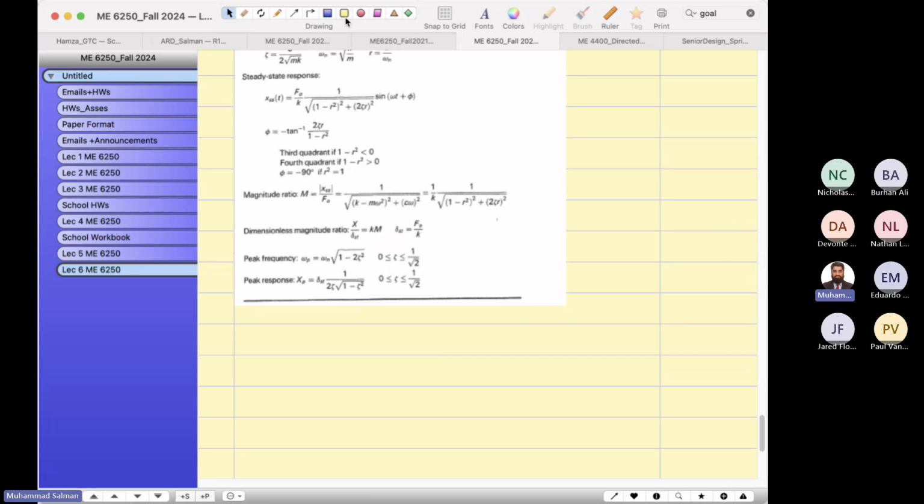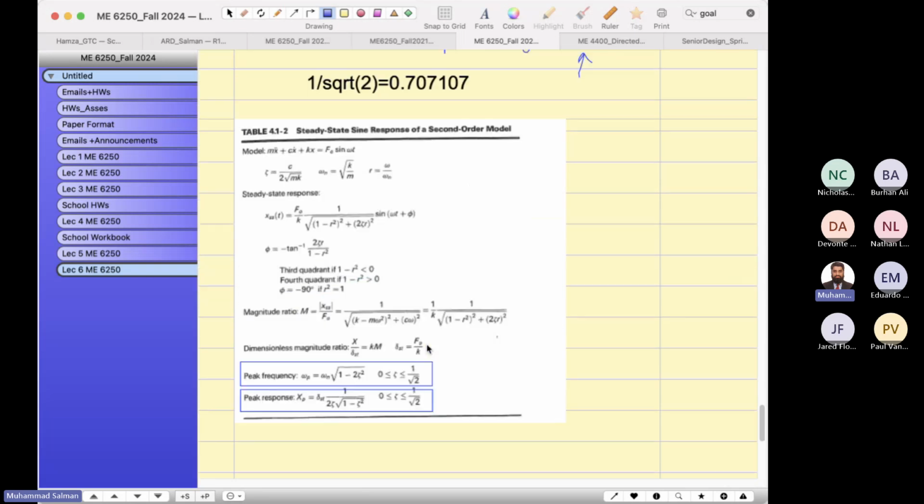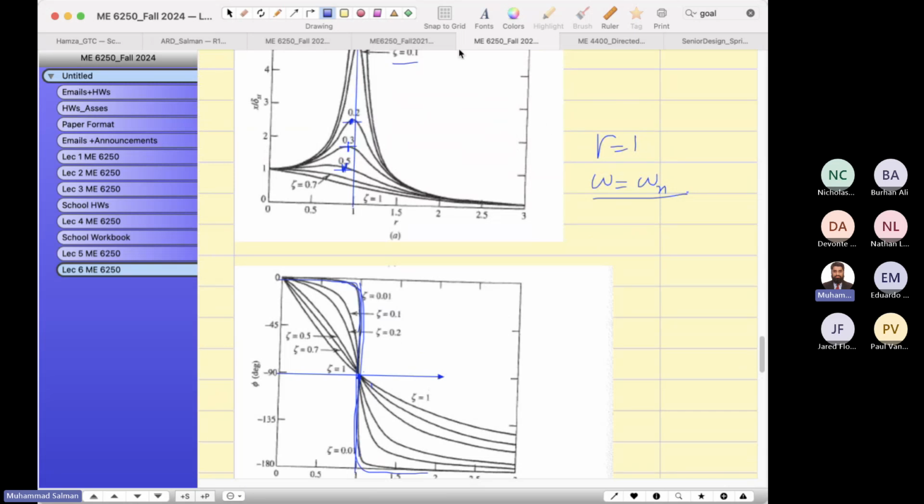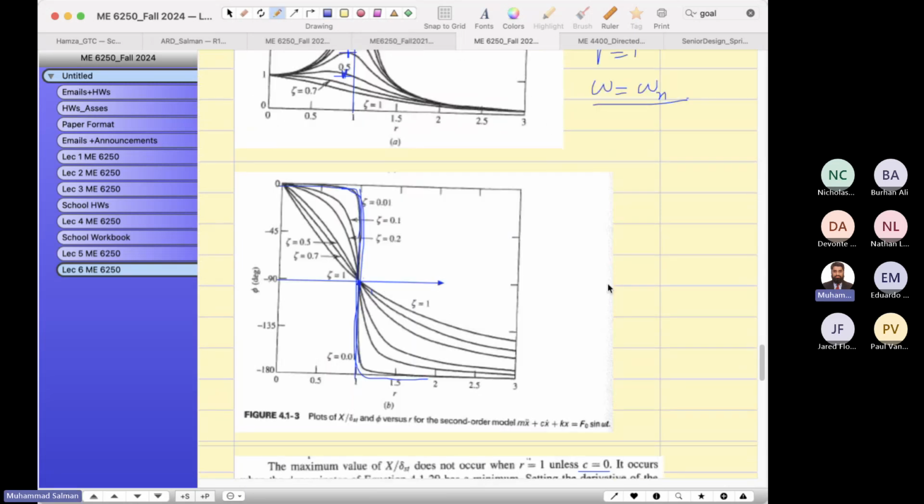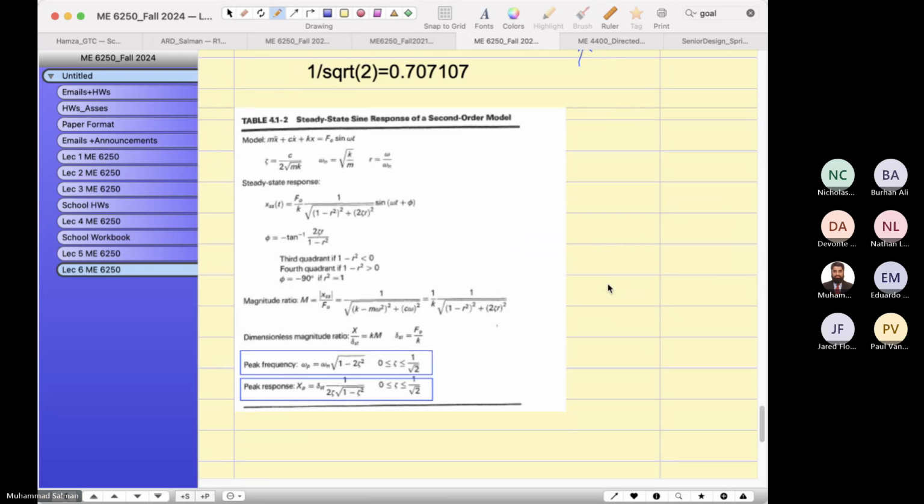You see the formula which we just learned earlier, omega peak equals to omega n, and related with that omega peak, what is the displacement over here? We call this the peak response, xp. So this is the formula for that.